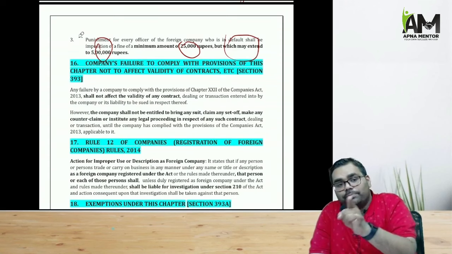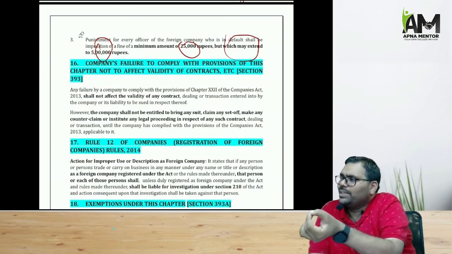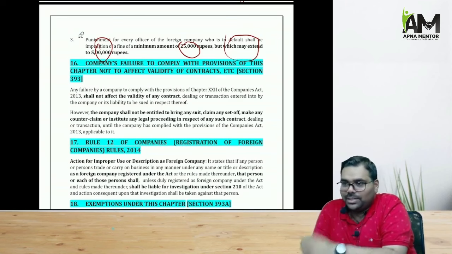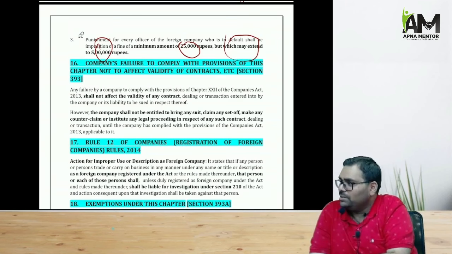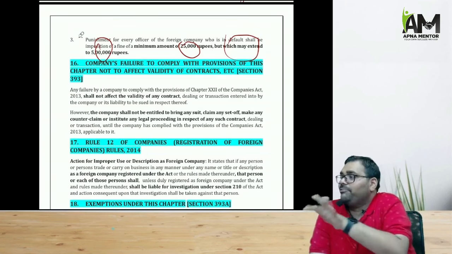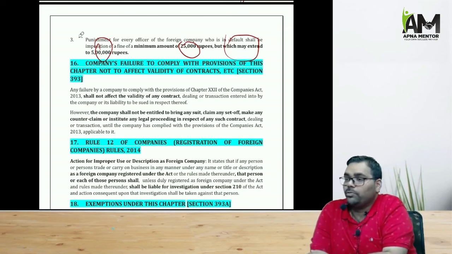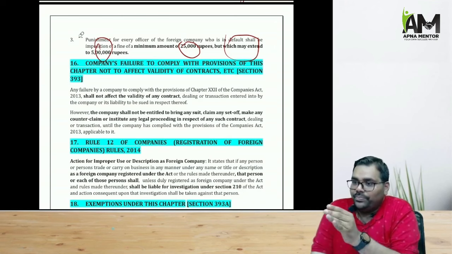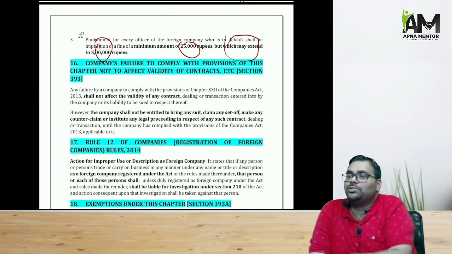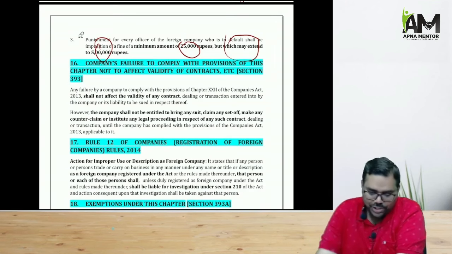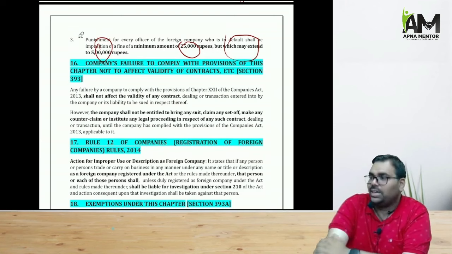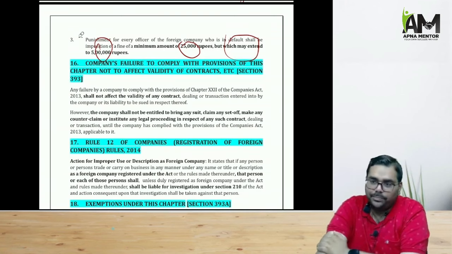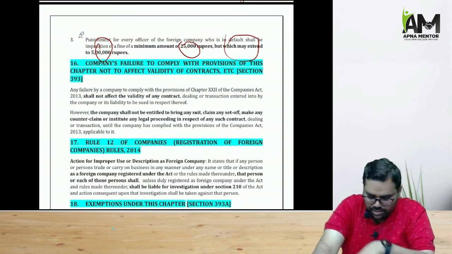For a foreign company the monetary penalty is too less, and the jail provision they removed. So section 393 will bring a fear that if we don't comply with the provisions of this chapter, our legal status will get challenged. Others can sue, but the company cannot sue. Others can recover money from the company, but the company cannot recover money from the public. So helpless the company will become. That is what section 393 says.